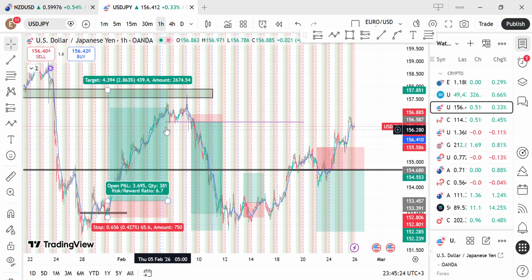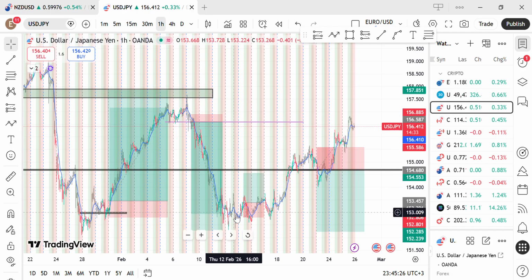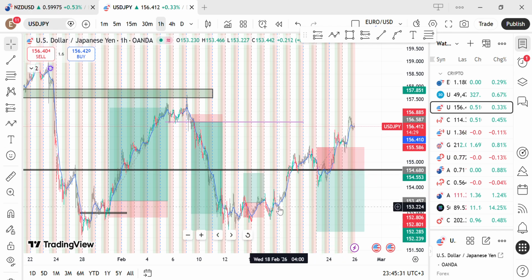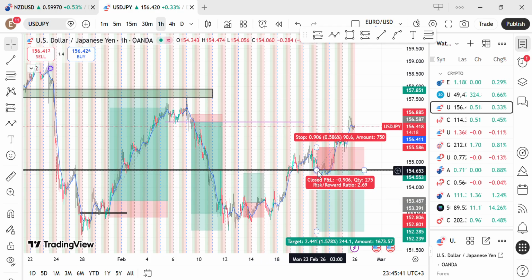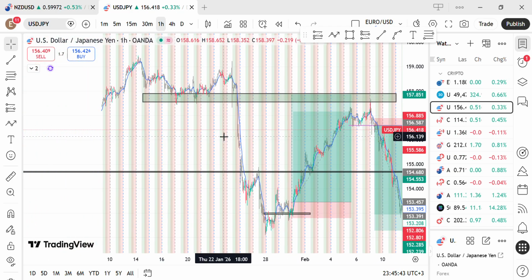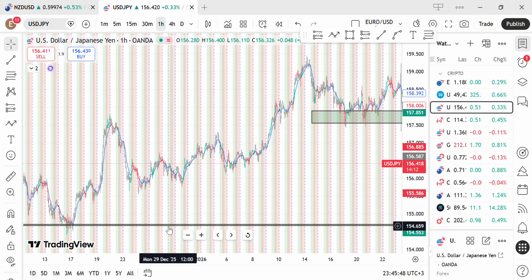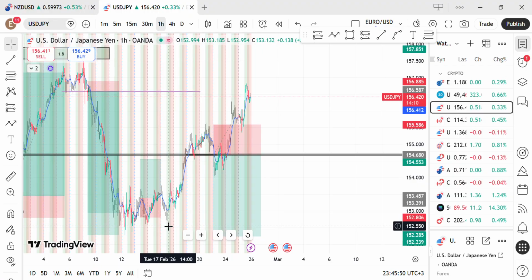Price was bullish, turned bearish, now it's turning bullish. So it's turning bullish. Why am I selling? All below here there'll be sellers, and all below here there'll be sellers.